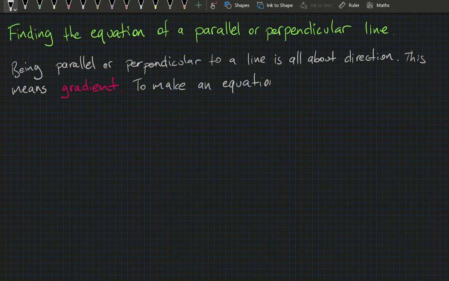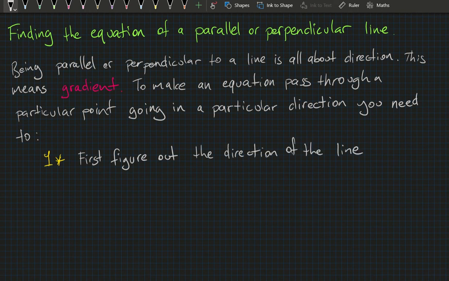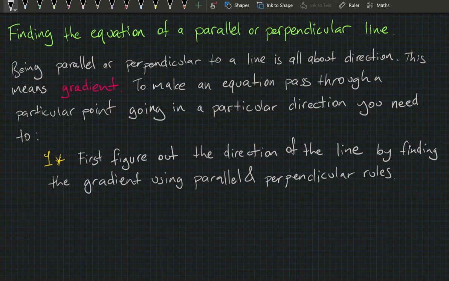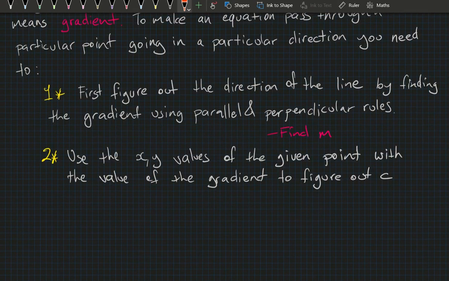Then to make an equation pass through a particular point, going in a particular direction, you need to, 1, first figure out the direction of the line by finding the gradient using the parallel and perpendicular rules, i.e. find m, and then 2, use the x and y values of the given point with the value of the gradient to figure out c, i.e. find c. Then we'll know what the equation y equals mx plus c is.